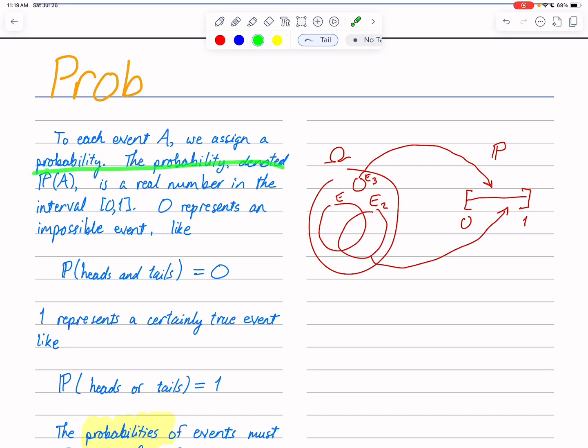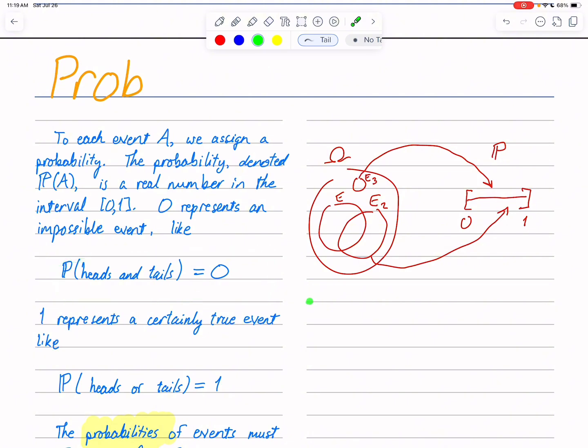Now, for one thing, they have to be real numbers in the interval from 0 to 1. 0 will represent an impossible event. So if you want an example, think about tossing a coin and getting both heads and tails showing at the same time. Well, that's impossible, and so we call that probability 0.